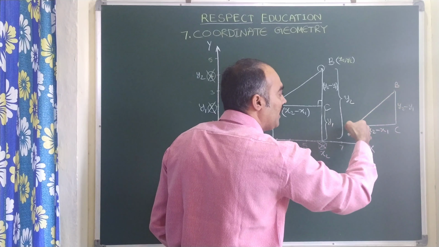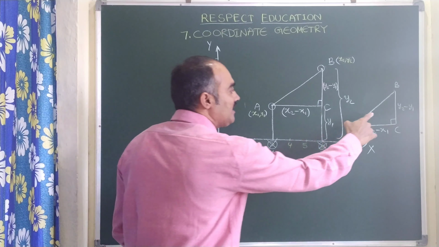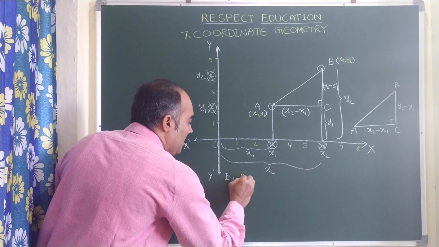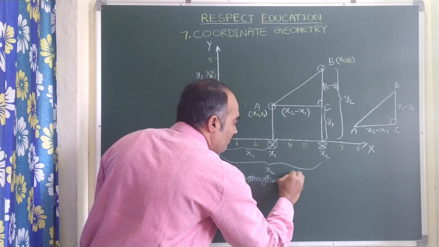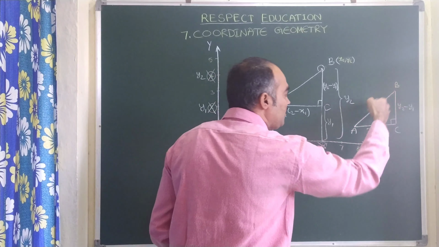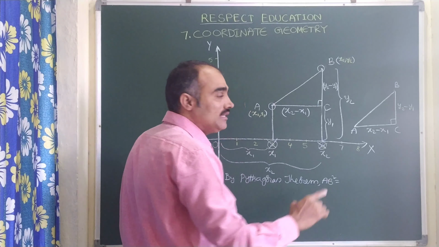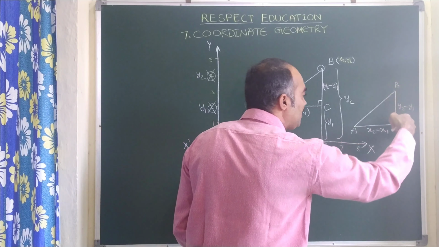Now we are going to find AB where 90 degrees is there at C. So let us apply Pythagoras theorem for ABC. By Pythagoras theorem, we can say hypotenuse square, means AB square, is equal to the sum of the squares of the other two sides, means AC square plus BC square.